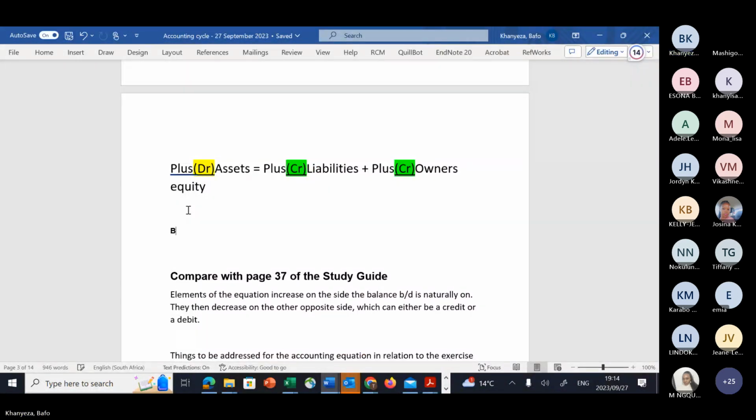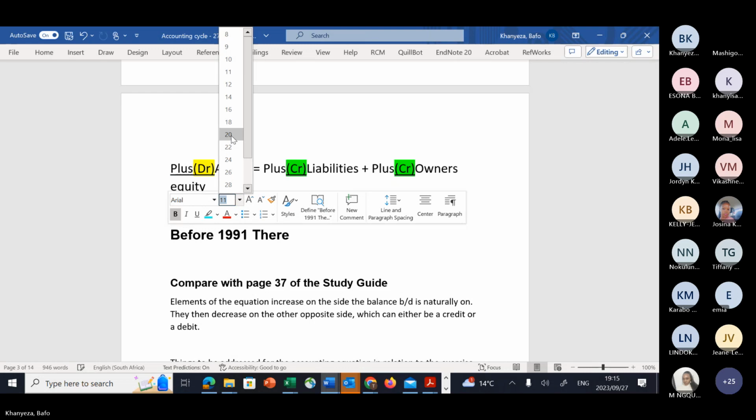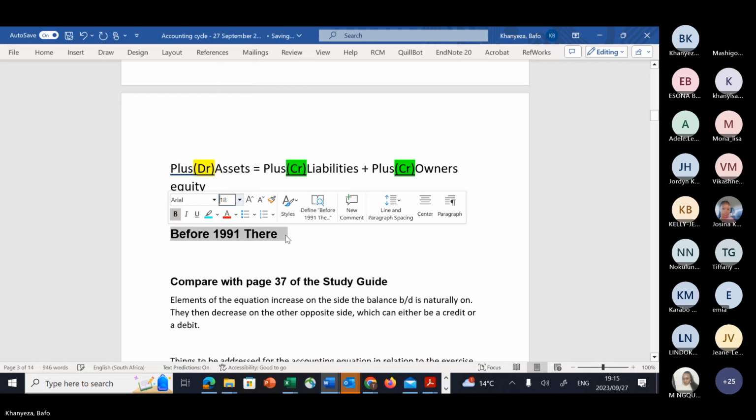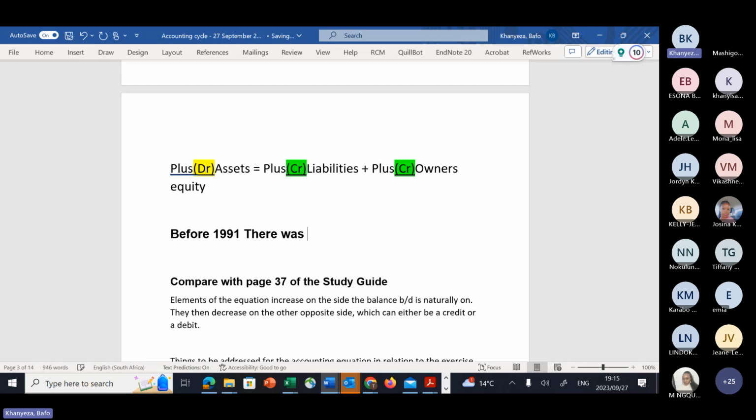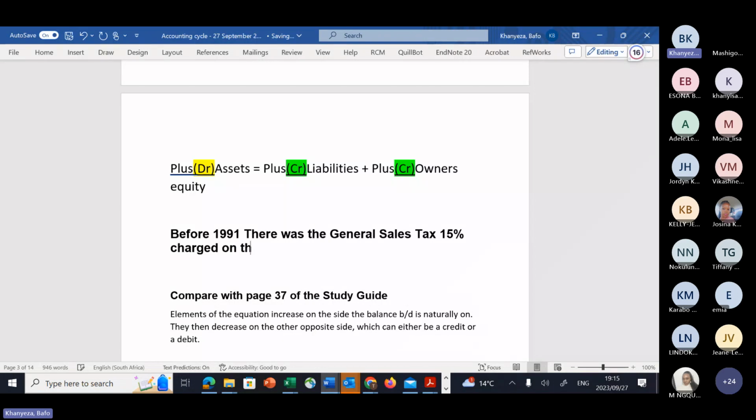Before 1991, there was the general sales tax, which was 15% charged on the final consumer.